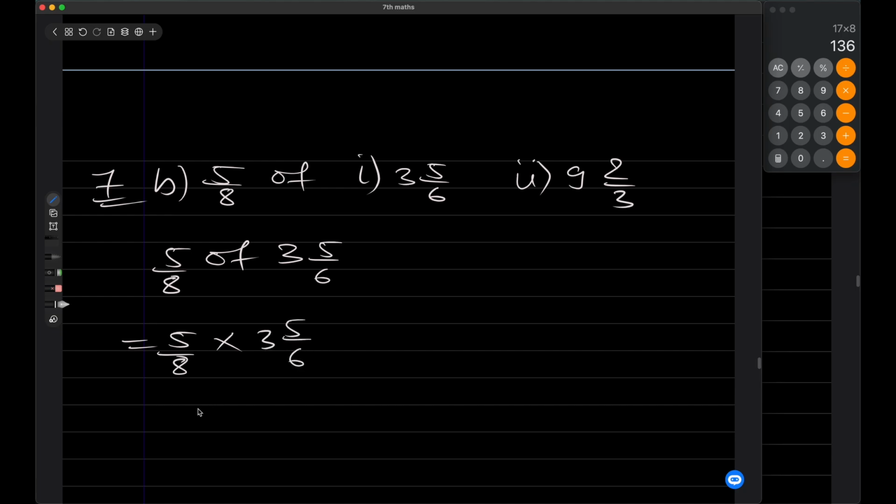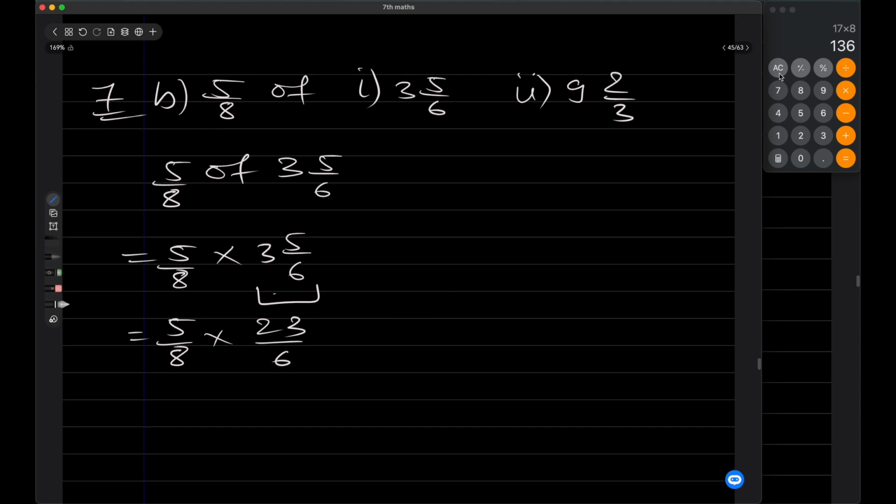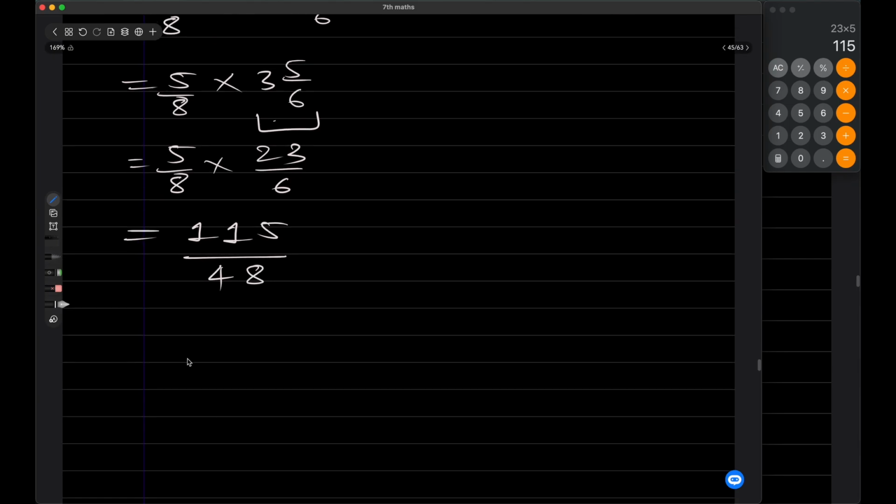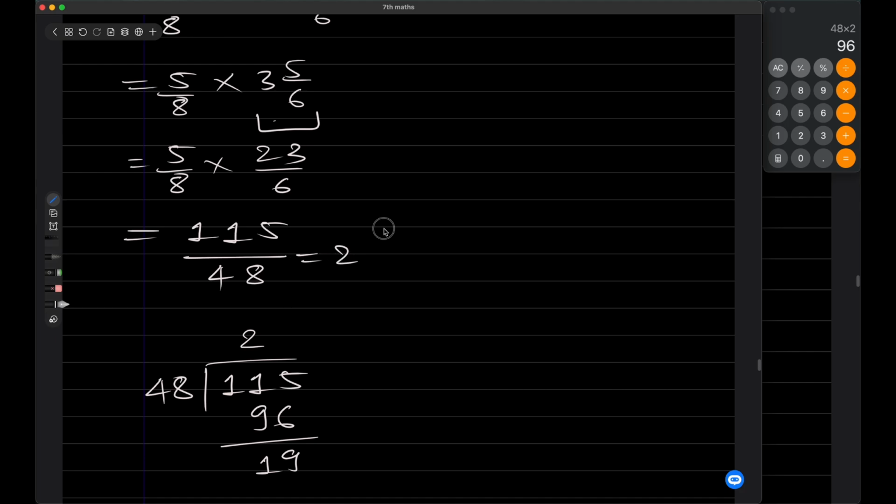We have to convert this into improper fraction, and now multiply, that is 23 into 5 equals to 115 divided by 6 into 8 is 48, and to convert it into mixed fraction, 48 into 2 is 96. We have 2 whole 19 divided by 48.